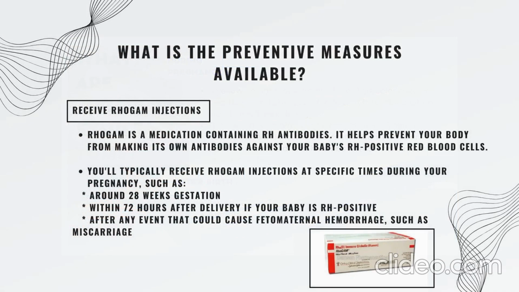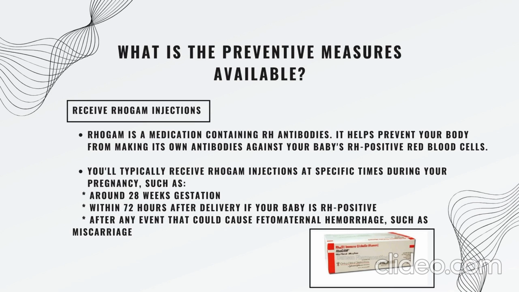Next, we move on to the next question, which is what are the preventive measures available? The answer is to receive RhoGAM injections. RhoGAM is a medication containing Rh antibodies to help prevent your body from making its own antibodies against your baby's Rh positive red blood cells.